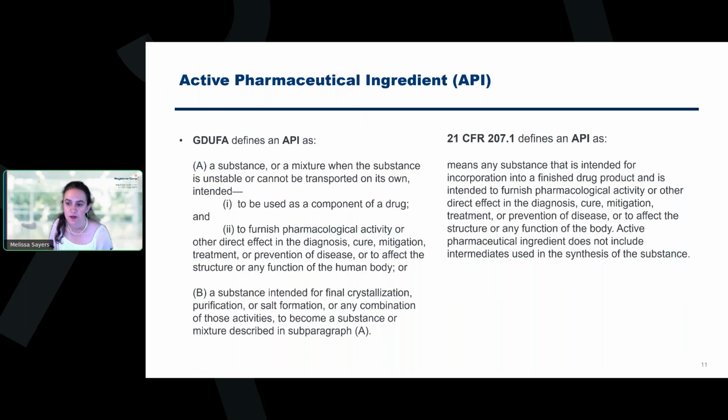The definition for an active pharmaceutical ingredient under GDUFA differs from the definition that applies for drug establishment registration and product listings.